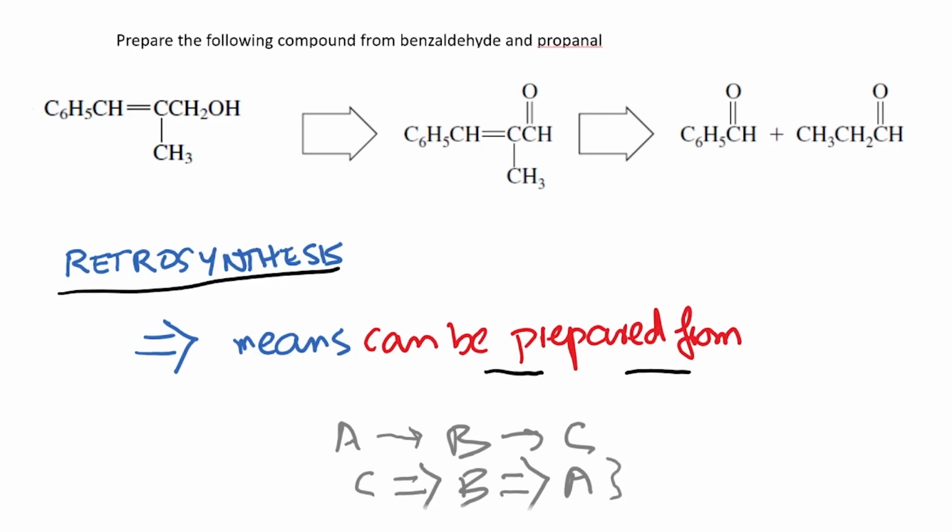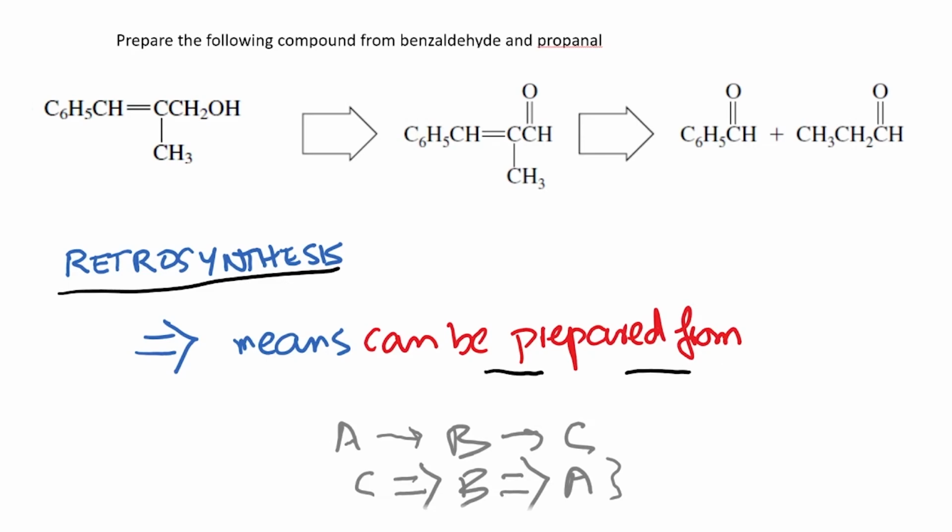Retrosynthesis is widely used in construction of complex natural products or complex compounds, and you will study this in the coming semesters. The retrosynthesis arrow basically means that it can be prepared from.